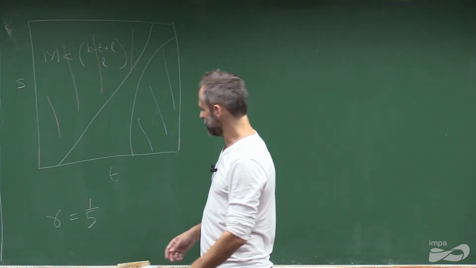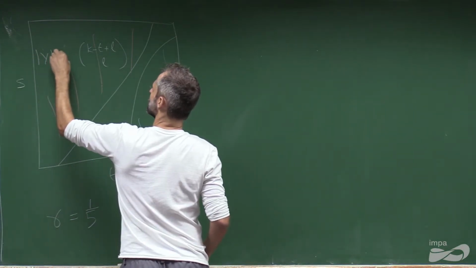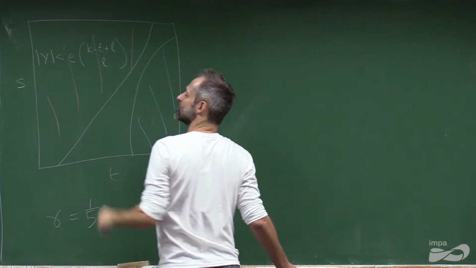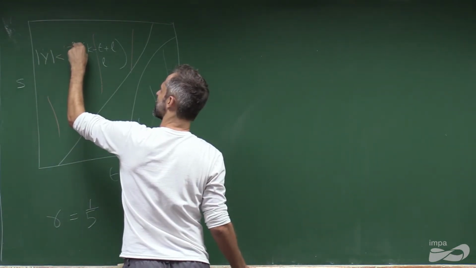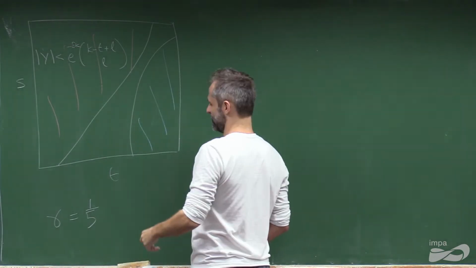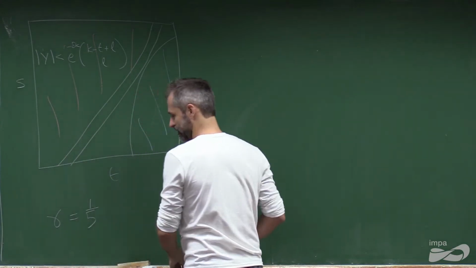So therefore, you can exchange this. If you make y a little bit smaller, minus delta times k, then this set gets bigger, right?